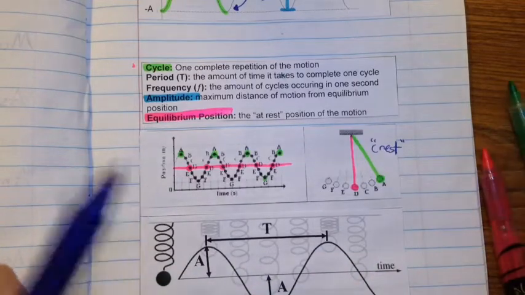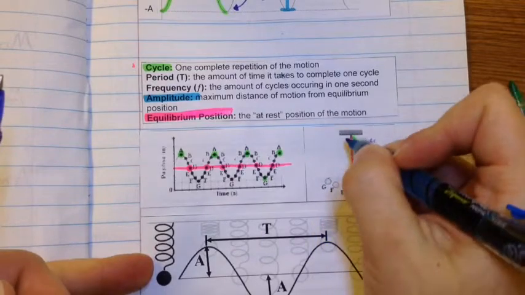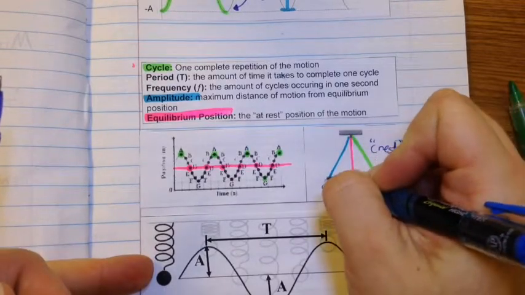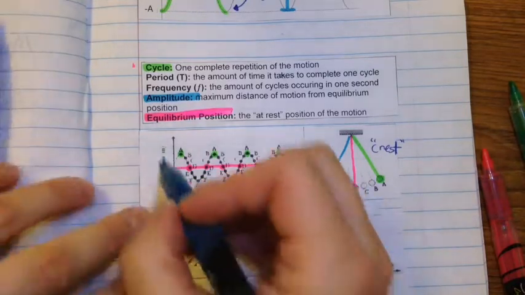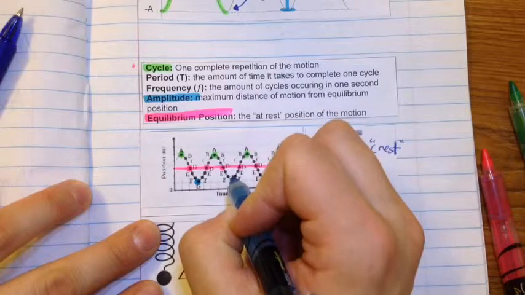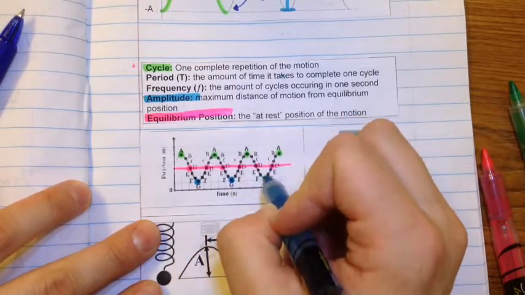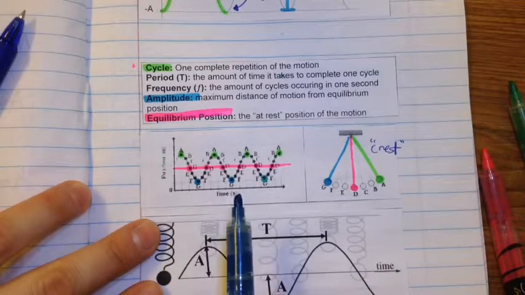Now your other color. Then let's look at the other extreme. The G. So, the trough.